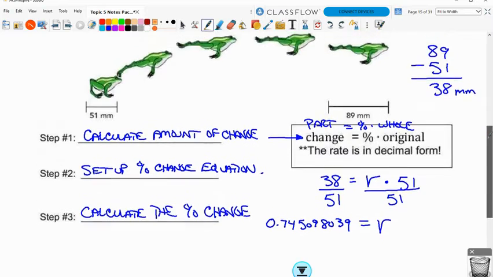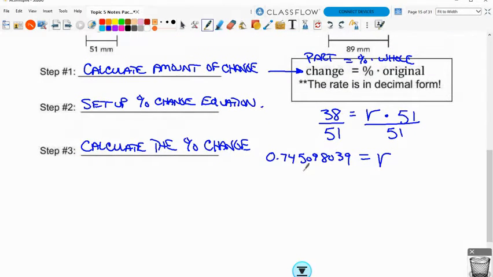So we're going to take this decimal and convert it into a percent. Remember, all you do is take this decimal and move it 2 places to the right. So our decimal point would end up here, meaning that the percentage is going to be 74.5098039%.